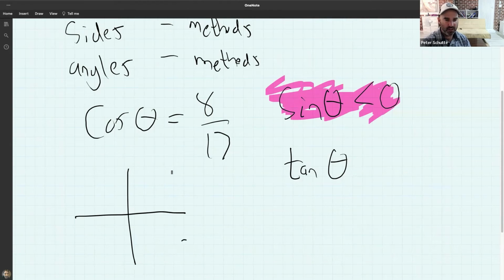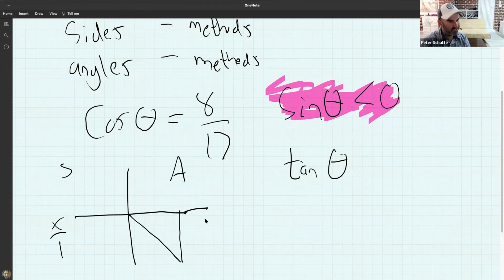But for this one, we use something called the CAST diagram. You have to draw a triangle, because the triangle is what's going to allow you to work out these things. You have a choice about which quadrant you put your triangle in. Sine can only be negative in this quadrant or this quadrant, and cos is only positive in this quadrant. So in the next lesson I'll explain that you have to draw your triangle in this quadrant.